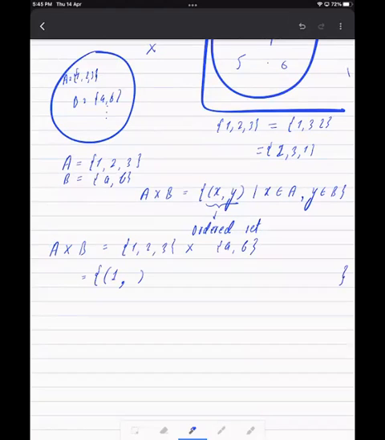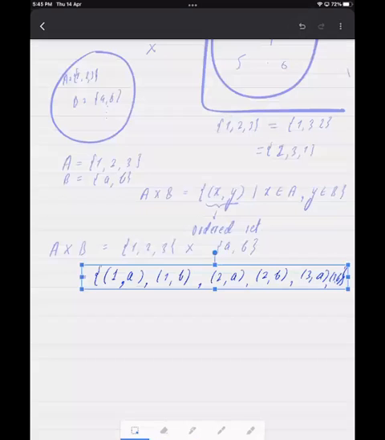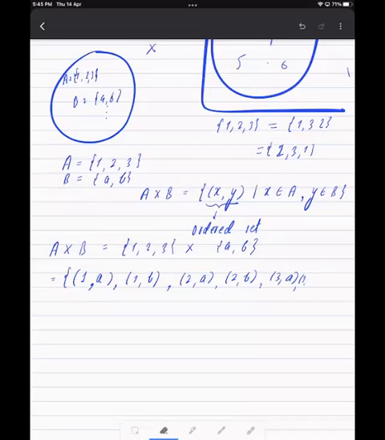Second element would be from B. So here I can choose A, I can choose B. So it would be (1, A), (1, B). Then (2, A), (2, B). (3, A), (3, B). That's it. Right? This is the Cartesian product.